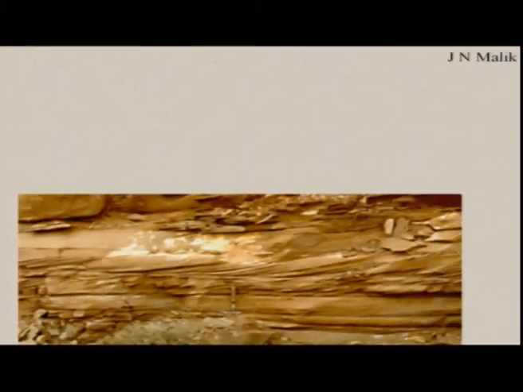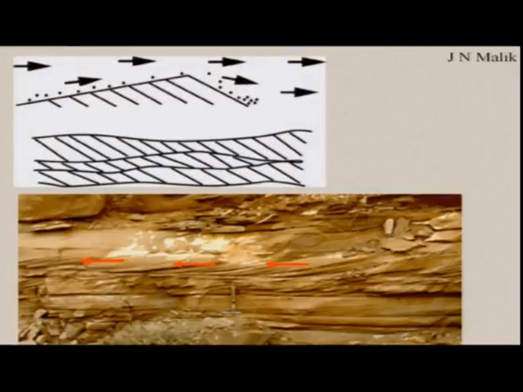So, cross stratification. This is the direction of the flow. If you have the cross bedding here and the direction of the flow, you can talk about how they were deposited. These are indications of the inclination of the beds, but the direction of deposition will be the opposite one.